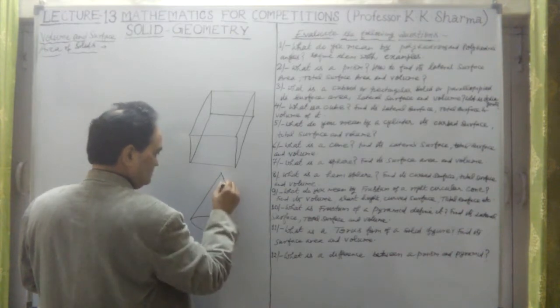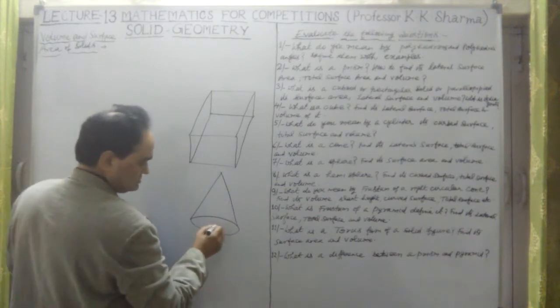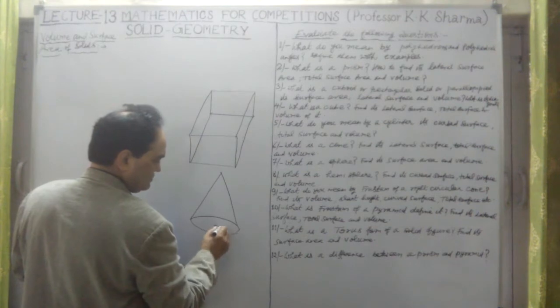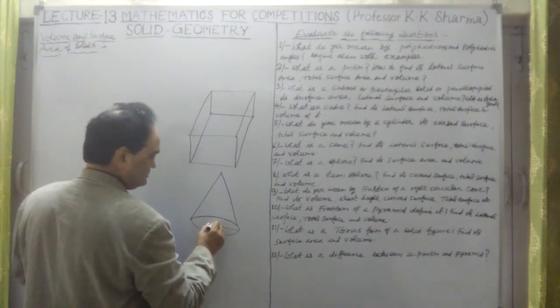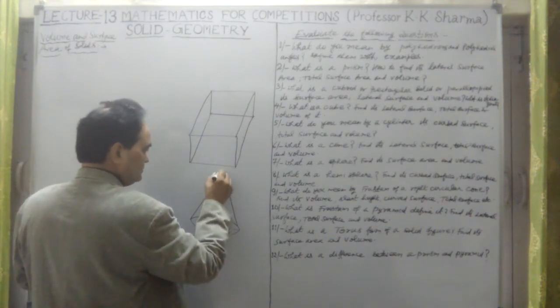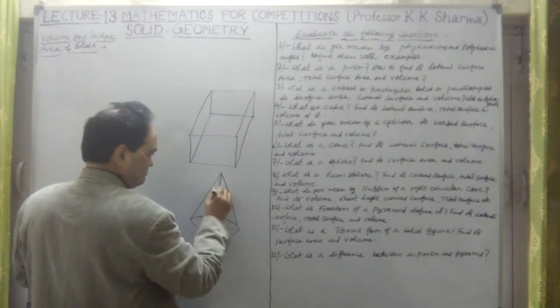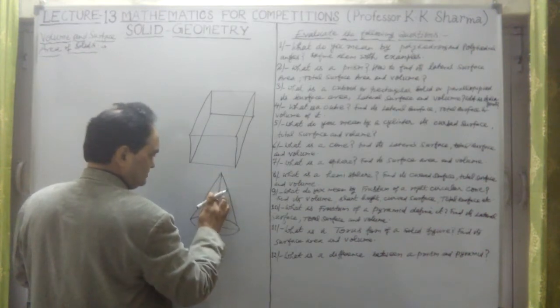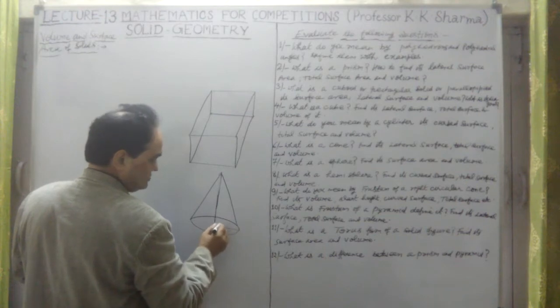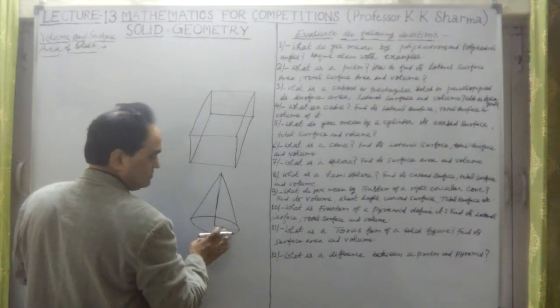A cone also has this radius, and then this is known as the vertical height. Now on the plane it has this radius, and this area also has length and breadth.